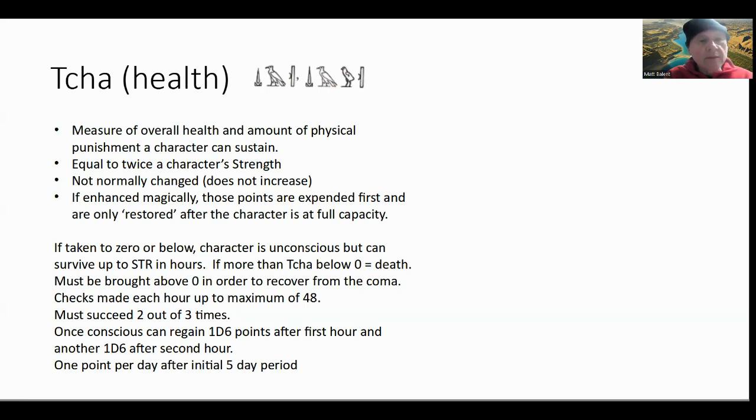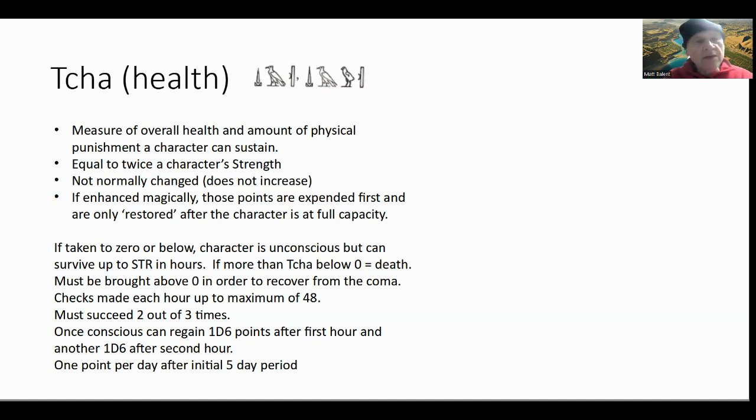For situations where a character might, quote unquote, die, in general, if you go to 0 or below on your hit points, the character becomes unconscious. But they are able to survive for a number of hours equal to their strength score.